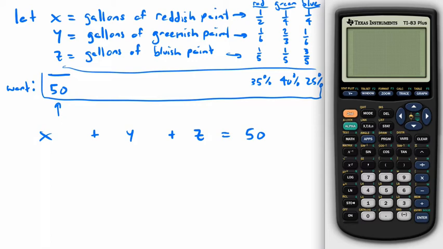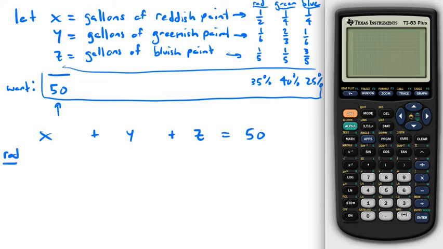X and Y and Z, those three things are mixtures of red, green, and blue paint. So I can take any one of those components, pure red paint, pure green paint, and pure blue paint, and figure out how much, say I'm going to do red. So I'm going to write an equation involving red paint.